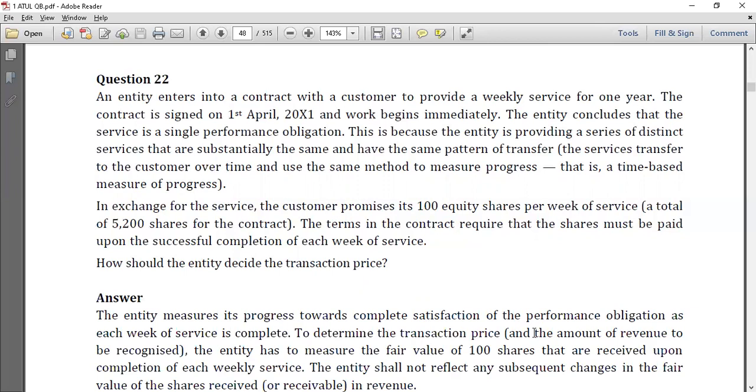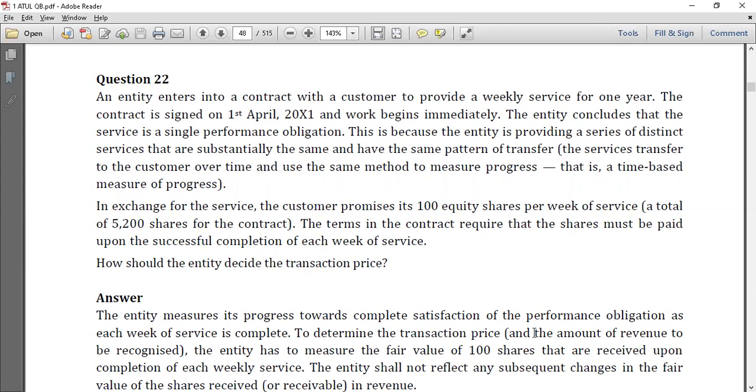What the entity is concluding is that whatever service it is providing to a customer is a single performance obligation. This is because the entity is providing a series of distinct services, a series of services all together. That's why it is considering it as a single performance obligation altogether, integrating.